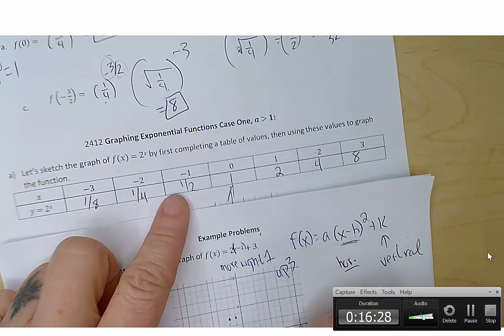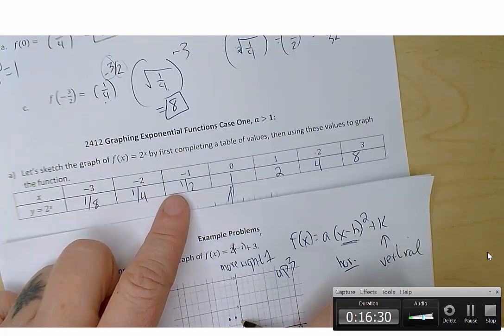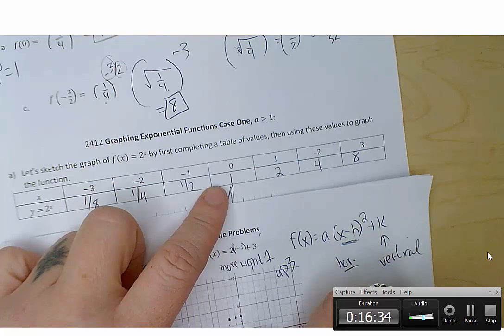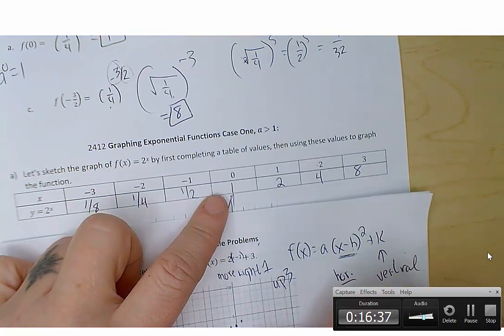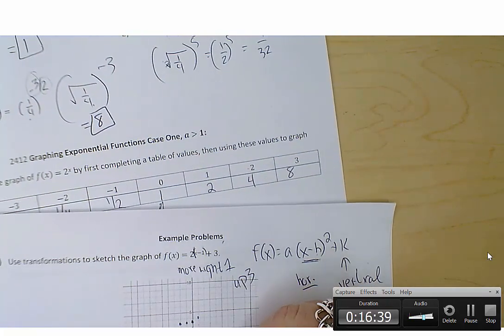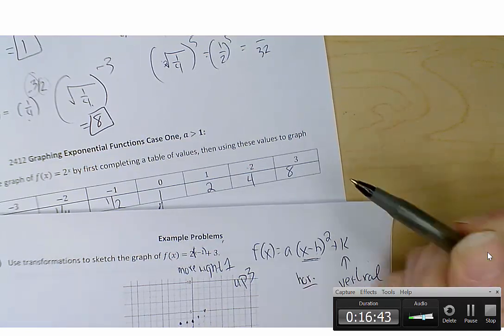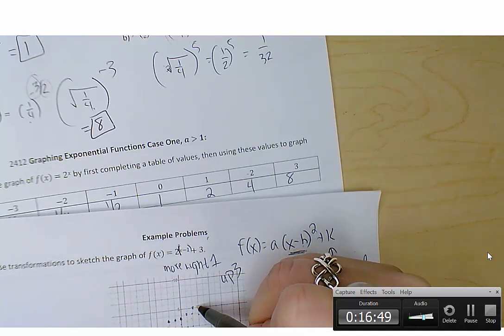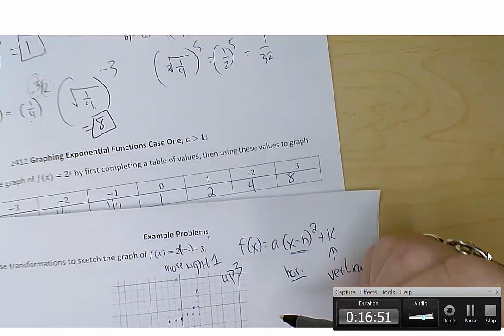For (-1, 1/2), again, right 1, up 1, 2, 3. For (0, 1), right 1, up 1, 2, 3. Then we had (1, 2), so right 1, up 1, 2, 3. Then we had (2, 4), so right 1, up 1, 2, 3, 4.